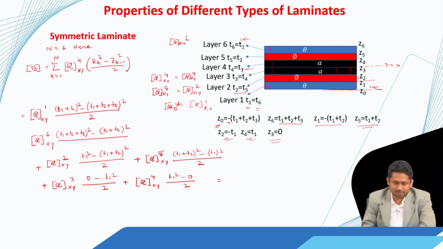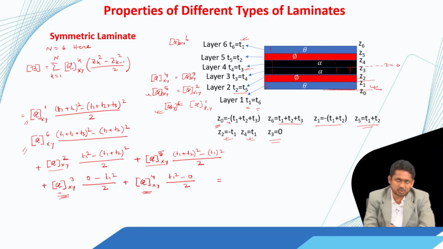Now, let us look into the fact that Q x y of the sixth layer is equal to that of the first layer. Similarly, Q x y of the third layer is equal to that of the fourth layer. So, this and this are the same, and similarly Q x y of the fifth layer is equal to that of the second layer. So, this Q and this Q are the same, this Q and this Q are the same, and this Q and this Q are the same.